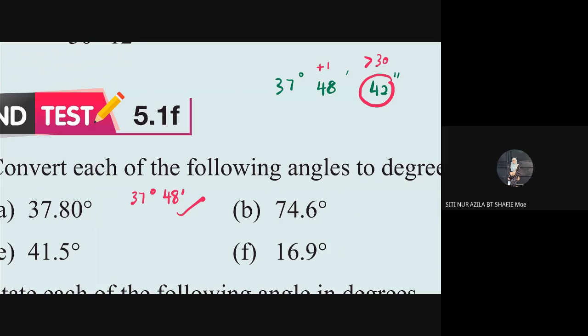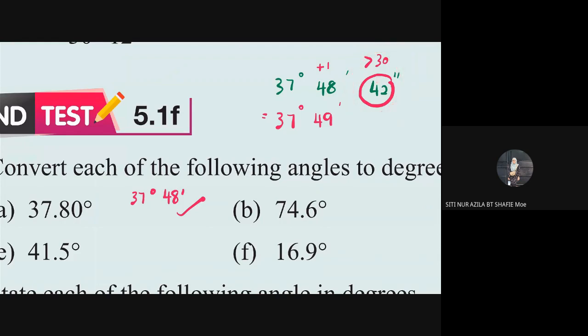You don't have to write down the seconds, but please be careful. If you have anything larger than 30 seconds, you need to round that off. 37 degree 49 minutes.